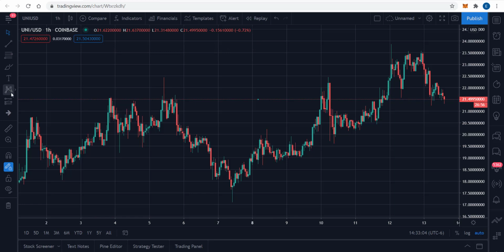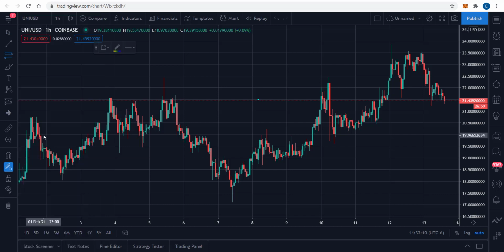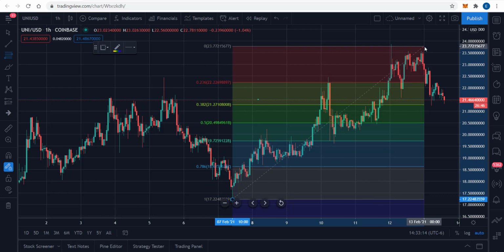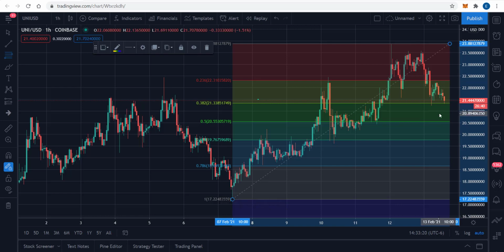I'm going to draw that Fibonacci again too, just so we have that information, because I'd like to see where it might go down to next. So let's say it does bounce off of this $21.33 or so. That's the 38.2% level.